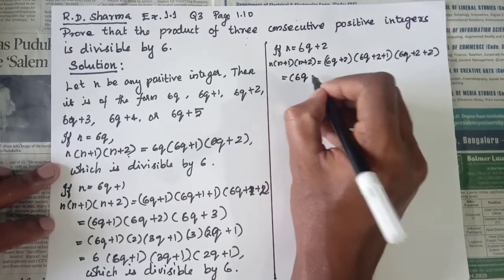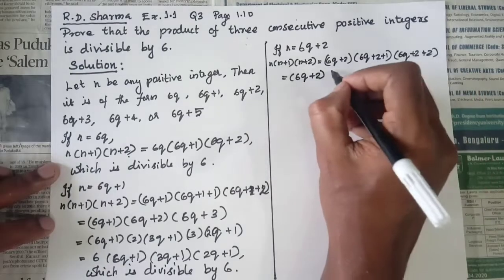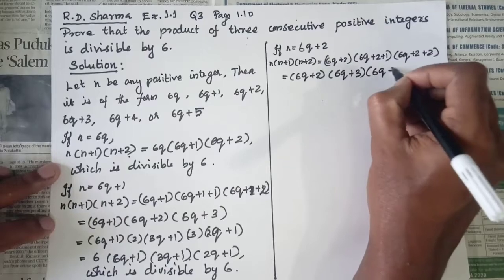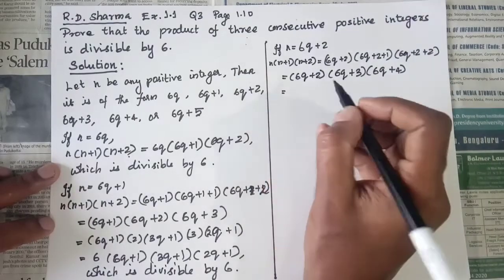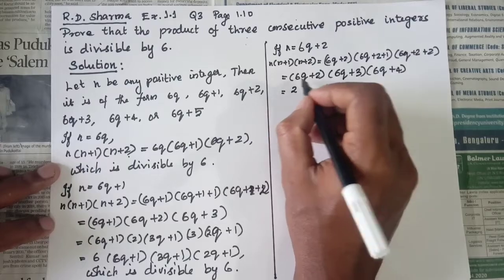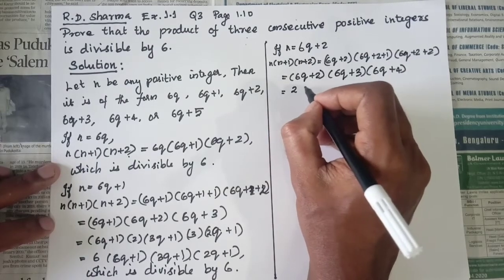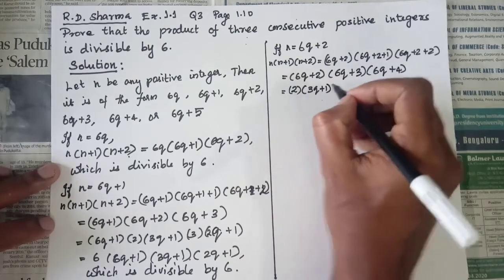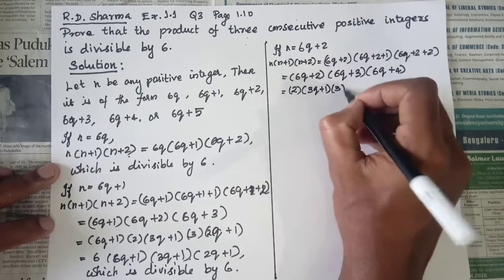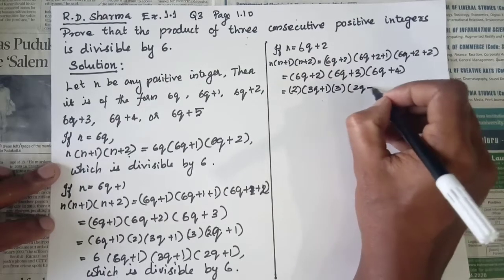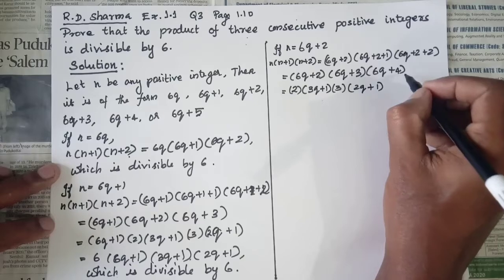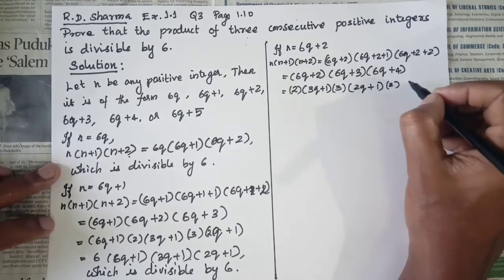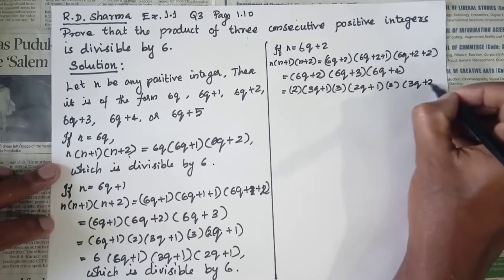We can write 6q plus 2, and when you add, we get 6q plus 3 into 6q plus 4. So we can take 2 from the first factor, 2 taken outside, remaining is 3q plus 1. From this we can take 3 outside, so we can write 2q plus 1. From this one we can take again 2 as common, so 3q plus 2.